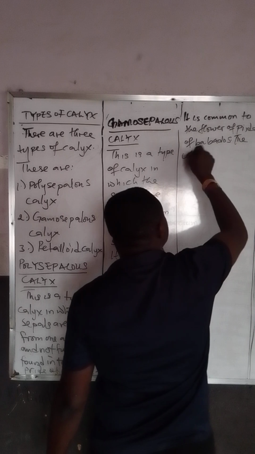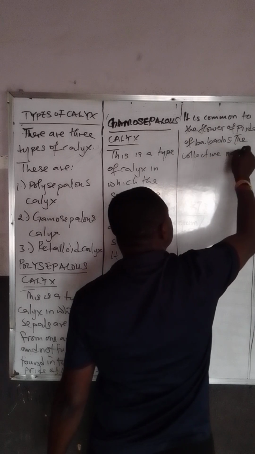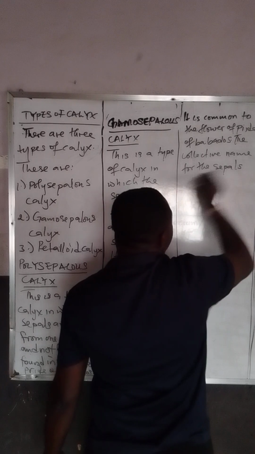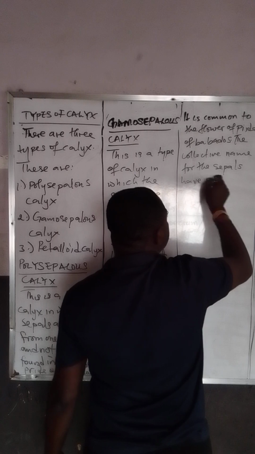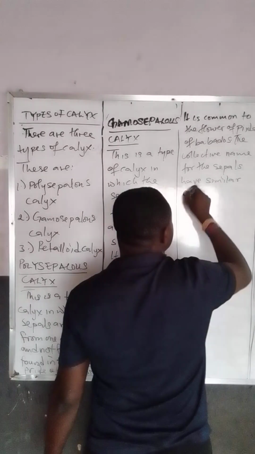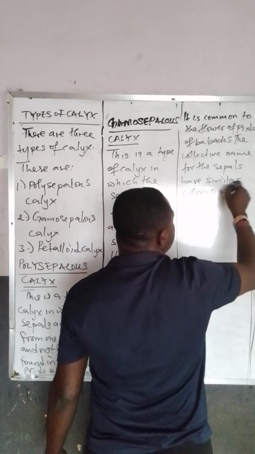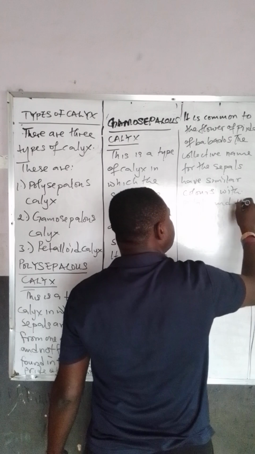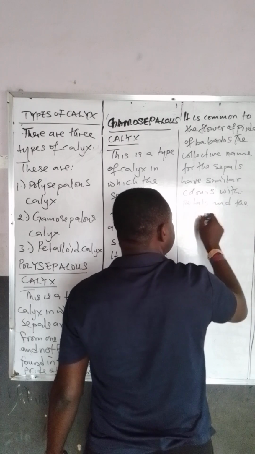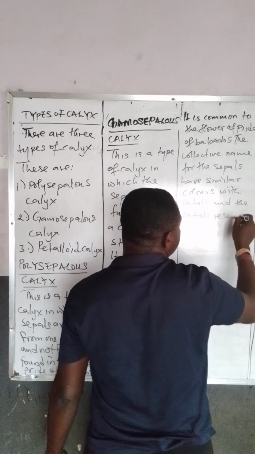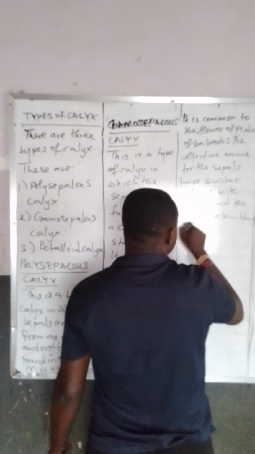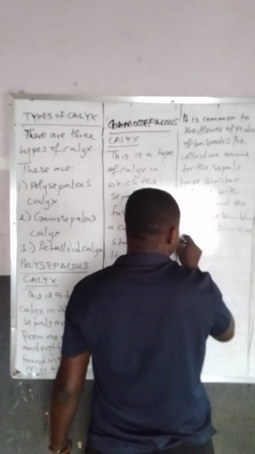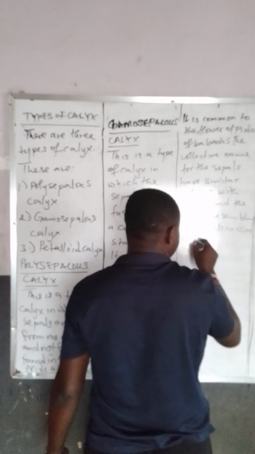The collective name for the sepals having similar colors with petals, and the petals resembling the sepals in color, is perianth.